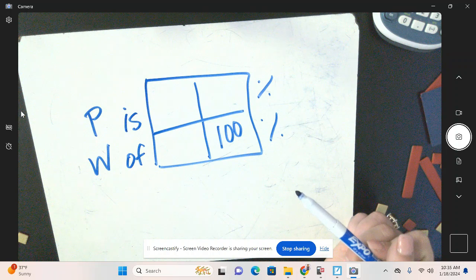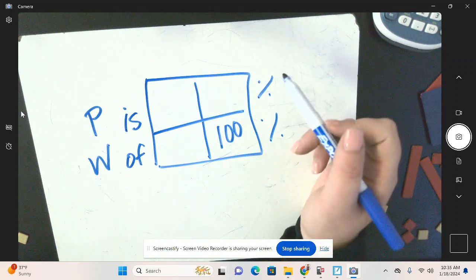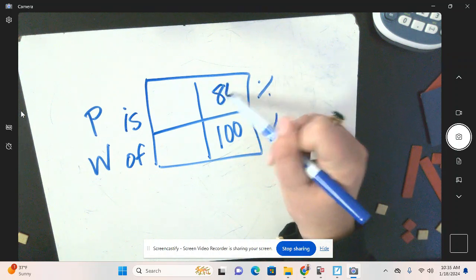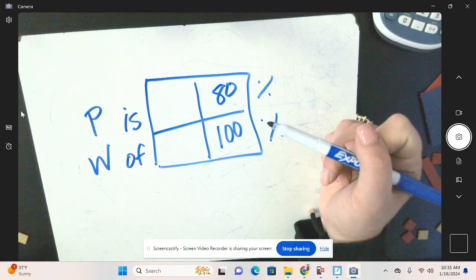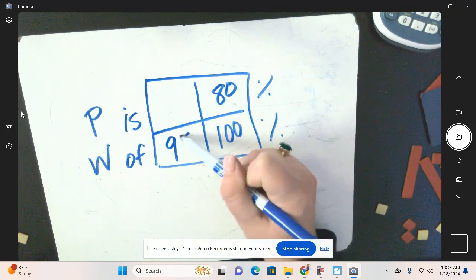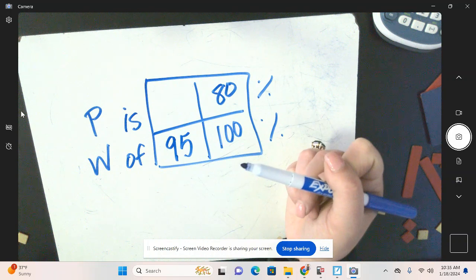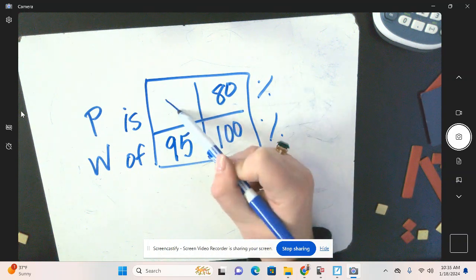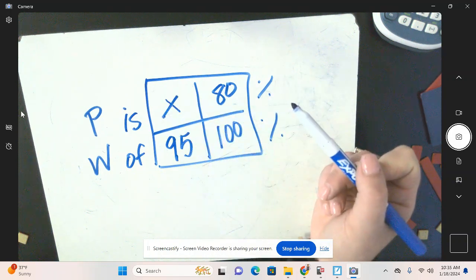It says the Wildcats basketball team made 80%. Well, 80% has to go in the percent box. Of the 95 shots taken, how many shots did they make? So of the 95, it's going to go in the of box. That's the total, the whole amount of shots that were taken. And we want to know the part, which is how many were actually made.